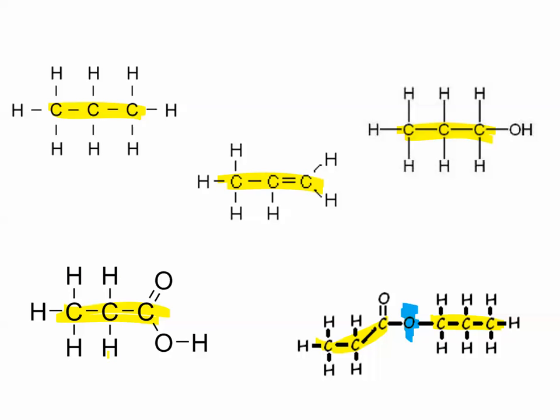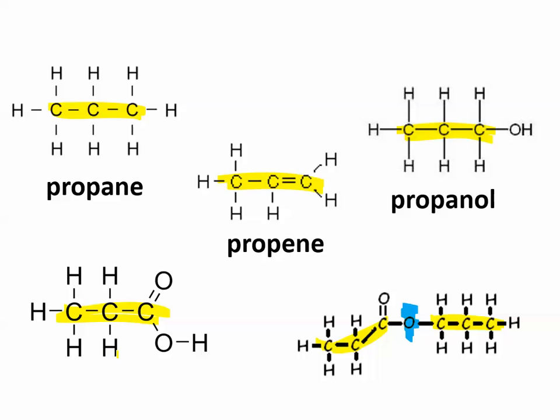Alright, so here we have propane, propene. Okay, so the one with the double bond is propene. Propanol. Now we're going to get into why we name them propanol. Propanol has an OH, it's an alcohol, so its functional group is an OH. Our next one, hopefully you'll be able to predict it, is propanoic acid.